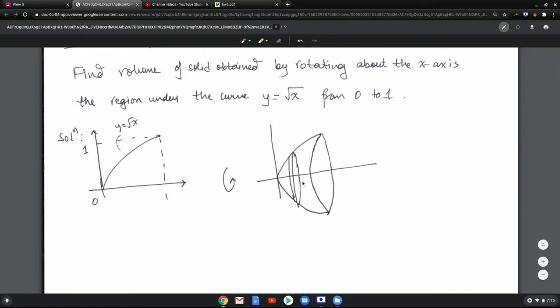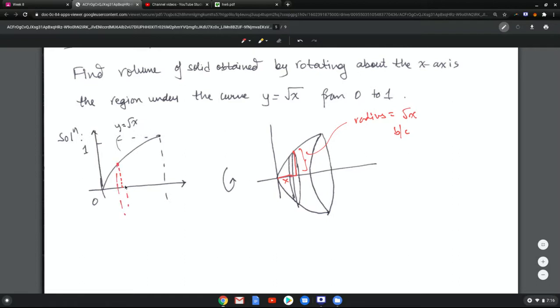It's like a bowl. Now, I take a generic slice here at a distance of x. Now, I need to find the radius of this slice. This radius equals root x, because if you think about it, it's just this value, right?